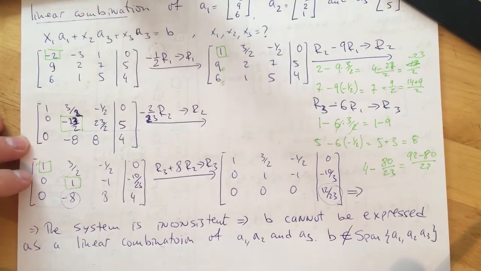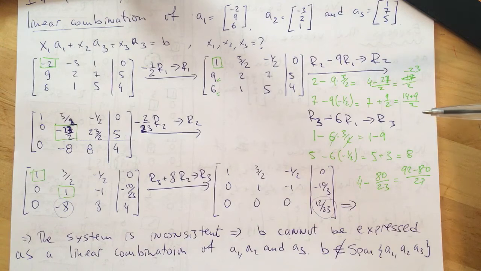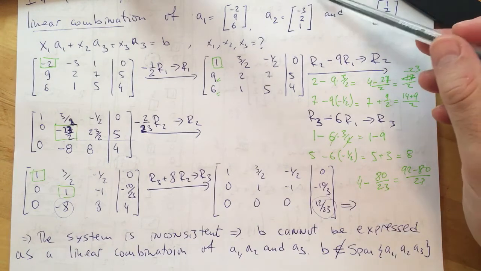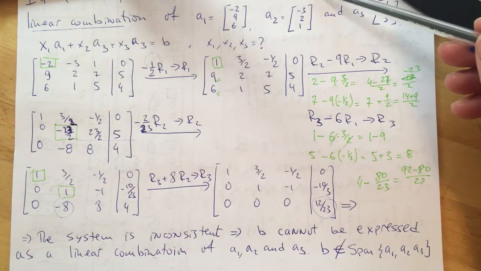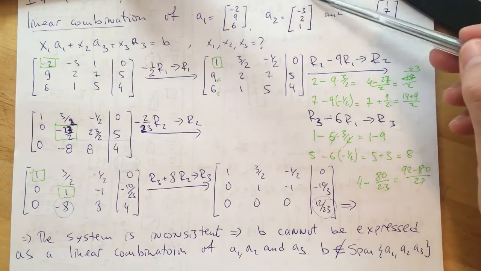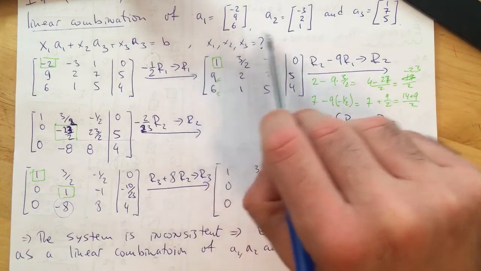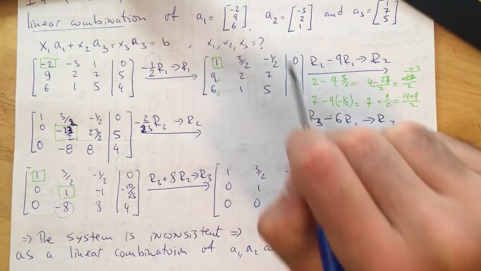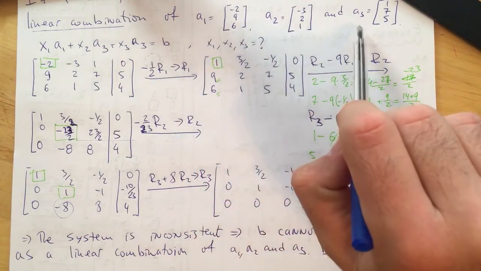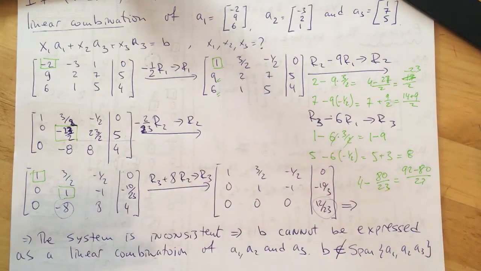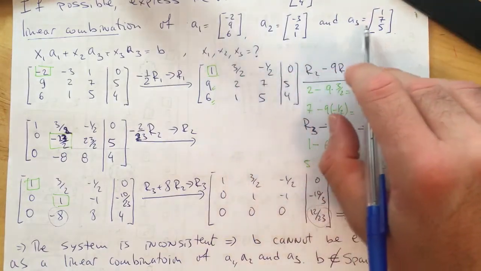What would this mean geometrically? We have vectors that live in R3, so these are three-dimensional vectors. And as I can see, this particular vector b cannot be obtained by any linear combination of a1, a2, and a3. That means that all of the linear combinations of a1, a2, and a3 don't fill the whole three-dimensional space, or mathematically said, they don't span 3D.